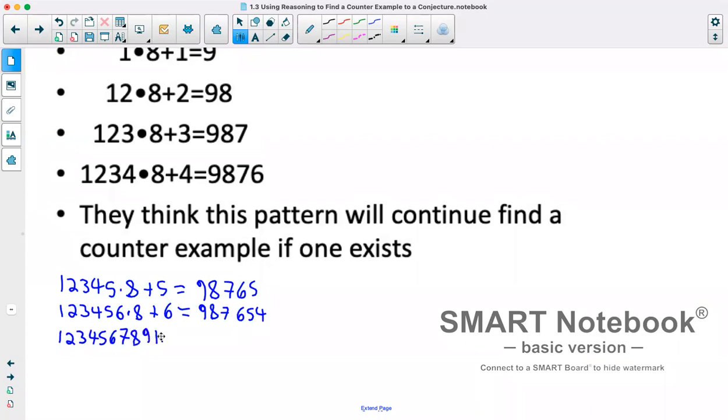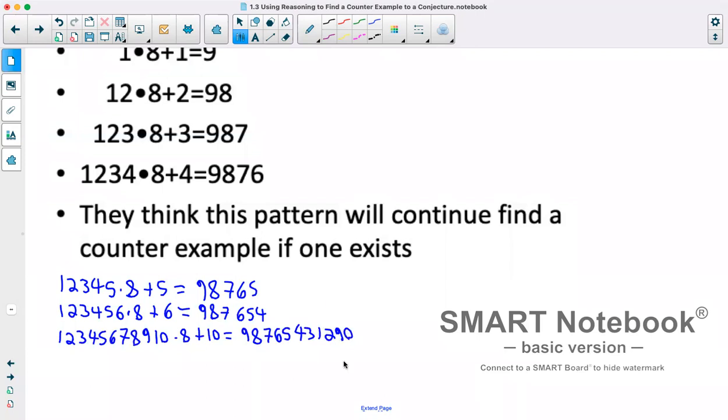After 9, we have 10 times 8 plus 10. If we calculate that, that gives us 9, 8, 7, 6, 5, 4, 3, 1, 2.